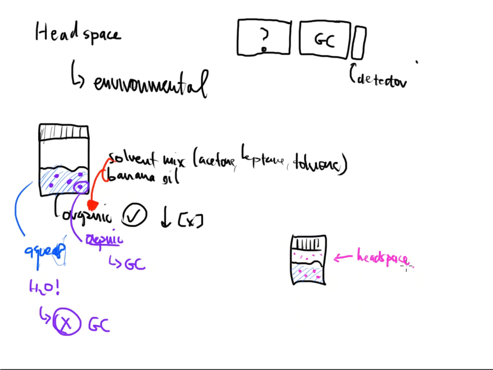So when we talk about injecting headspace onto the instrument, what we are referring to is basically the area above the liquid sample that some of these components maybe have evaporated up into. And they're ready. They're separate from the water. So they are ready to be injected on the GC without a problem. All right, so that's great news, right? We can take advantage of that, and we don't really have to do anything to it.